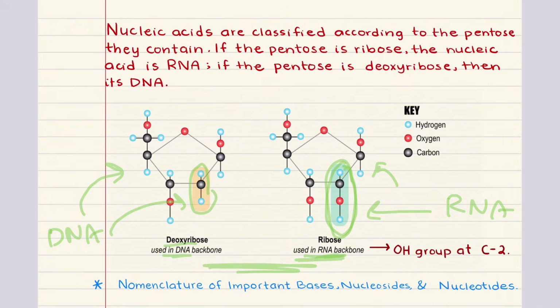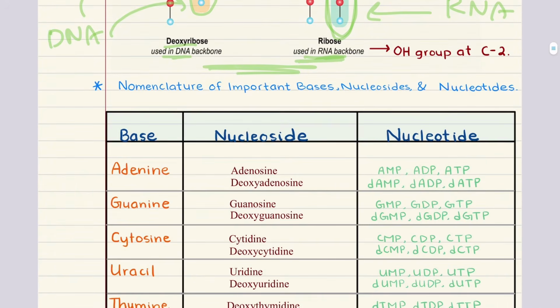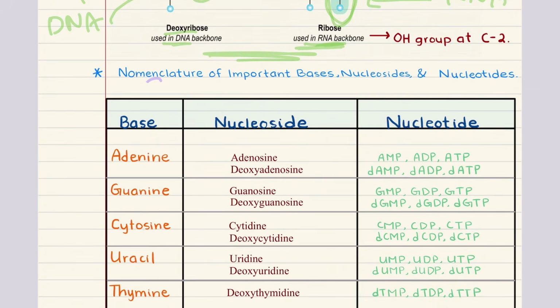Now, what you're seeing on this part of the page is a summary of the nomenclature of important bases, nucleosides, and nucleotides. Here in this first column, we see a list of the 5 key nitrogenous bases: adenine, guanine, cytosine, uracil, and thymine.